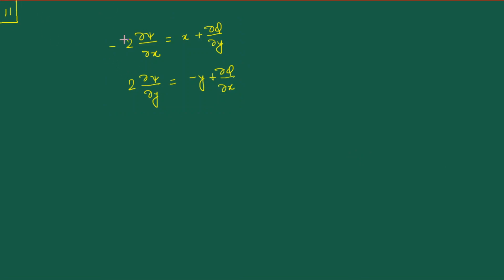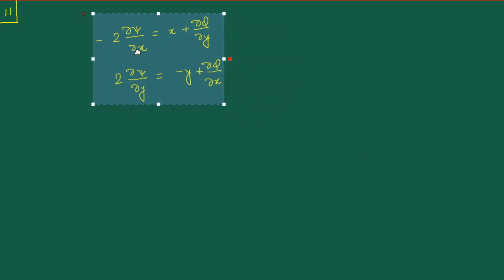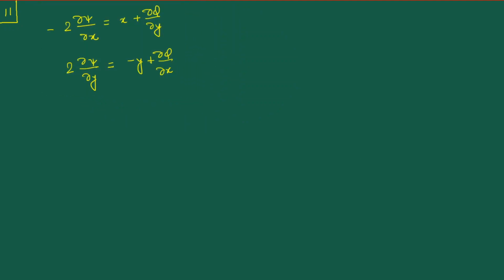Okay, let me adjust it a little bit. So from these two, what I will obtain is minus 2 del square psi del x square minus 2 del square psi del y square, and when I take the del x of this in that equation, I'll get a 1 over here, and when I take the del y of this second equation, I'll get a minus 1 over here.